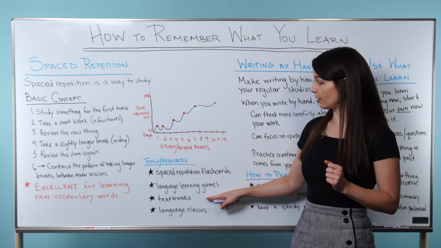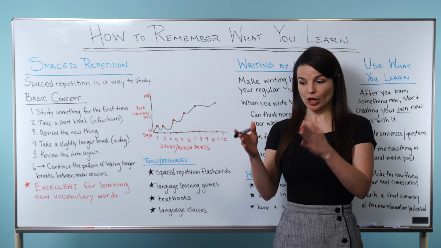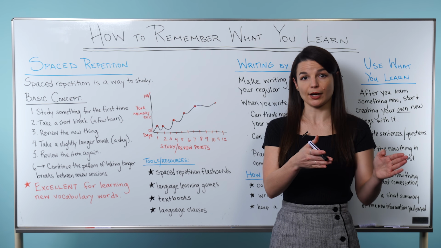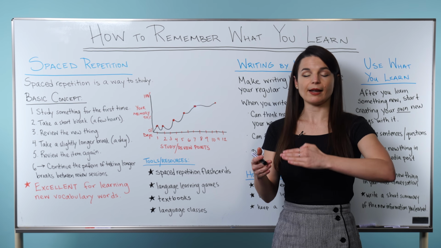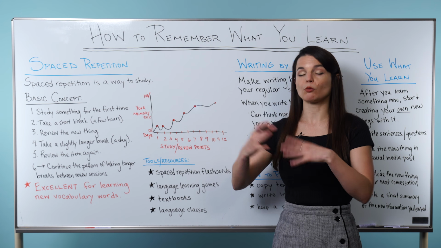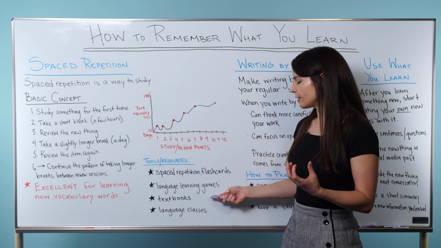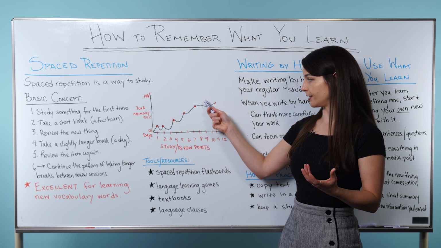The third tip, the third tool or resource, honestly, is a textbook. A good textbook generally has some review sections in it. So you learn, say, a grammar point for the first time, and then a few pages later, you'll see a review section, or there might be a test at the end. A textbook is definitely slower than this kind of system.